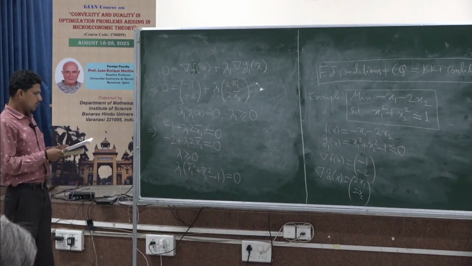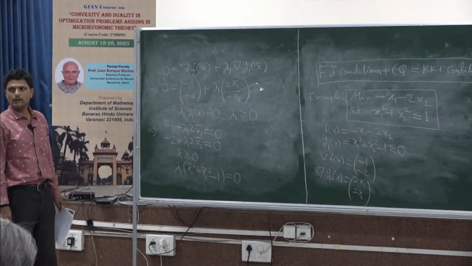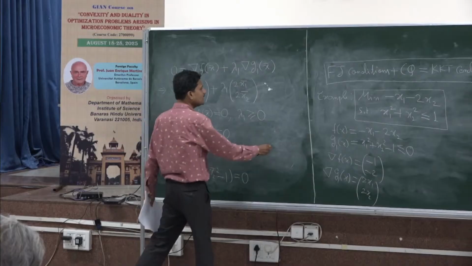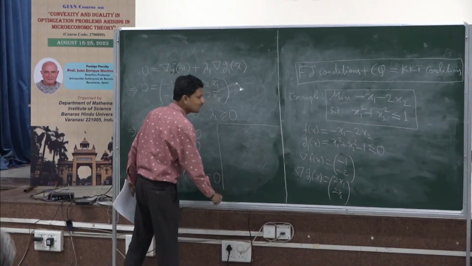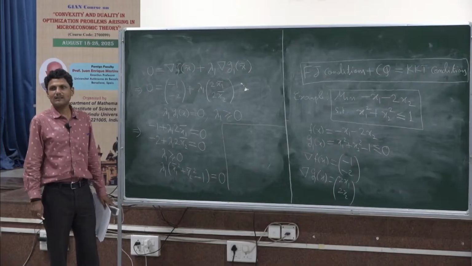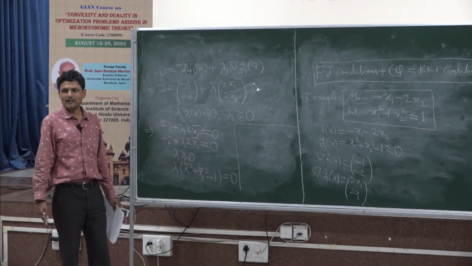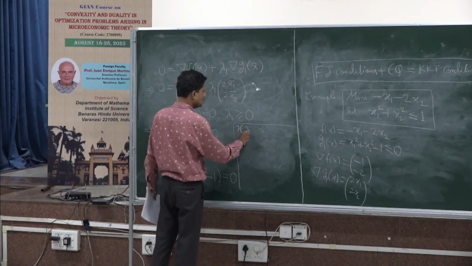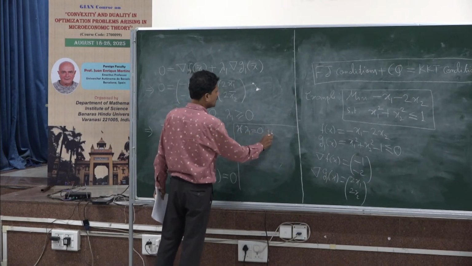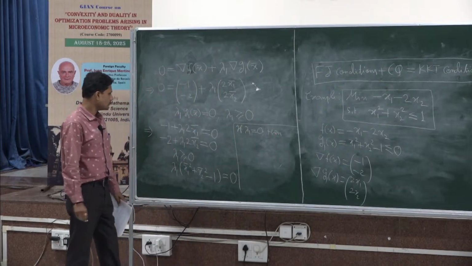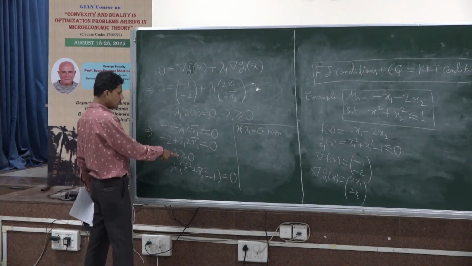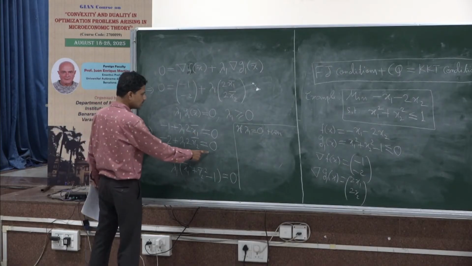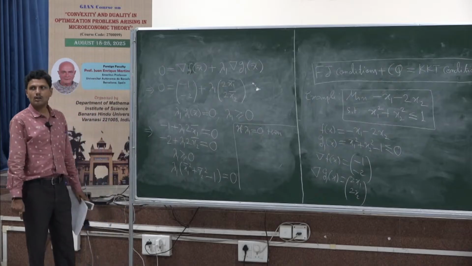Now what are the possibilities of lambda 1? Lambda 1 has two possibilities, right? If you increase this number, then the possibilities will increase, but for the simplest case we have only two possibilities. If lambda 1 is equal to 0, then minus 1 is equal to 0 and minus 2 is equal to 0, which is not possible.